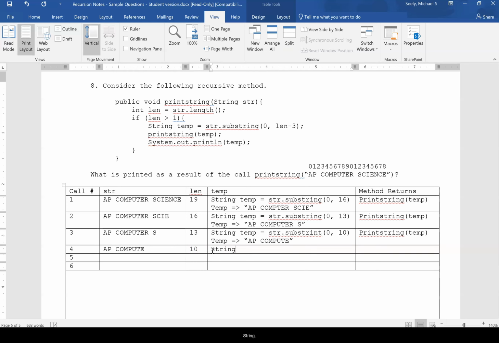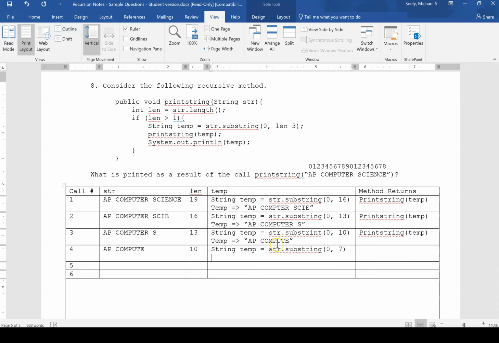So string temp is equal to str dot substring 0, 7. 0, 7 is what temp is set to. AP comp.